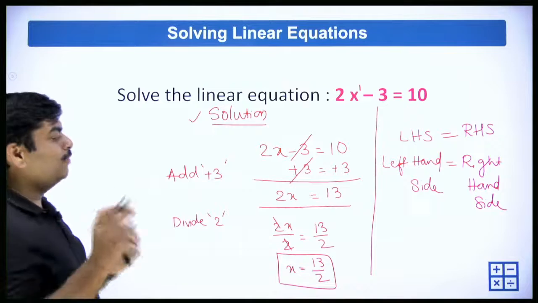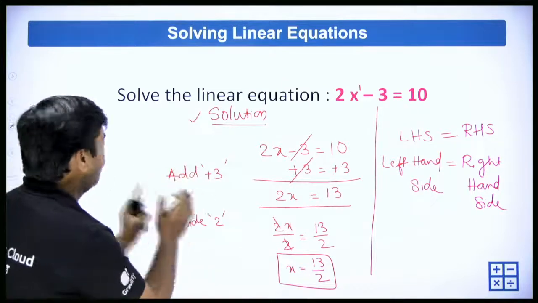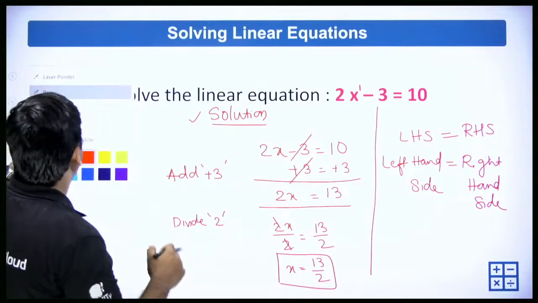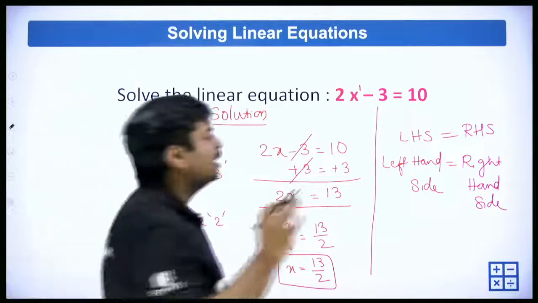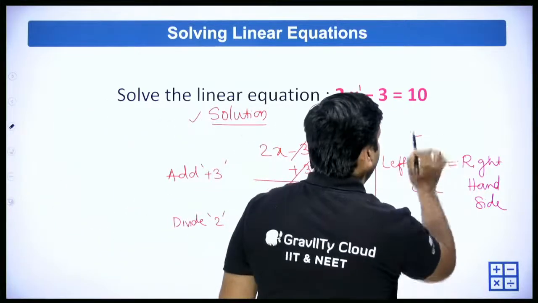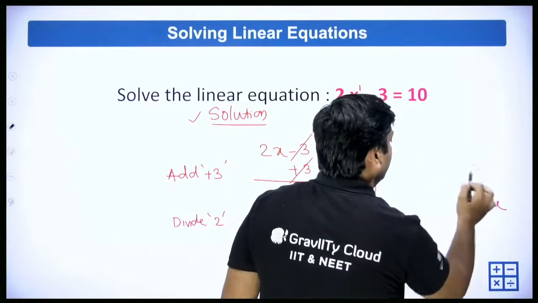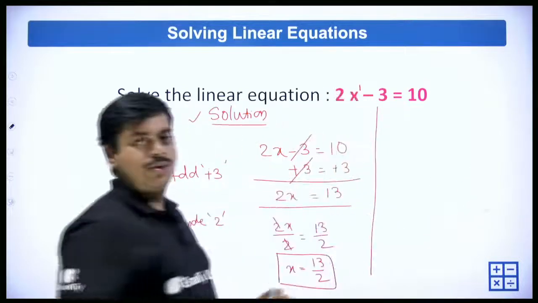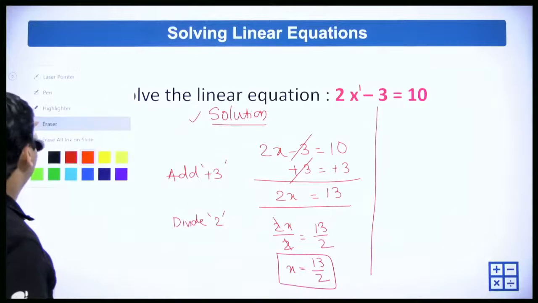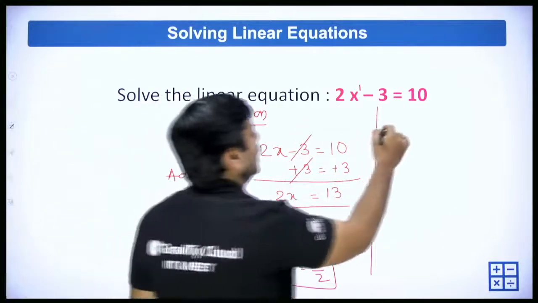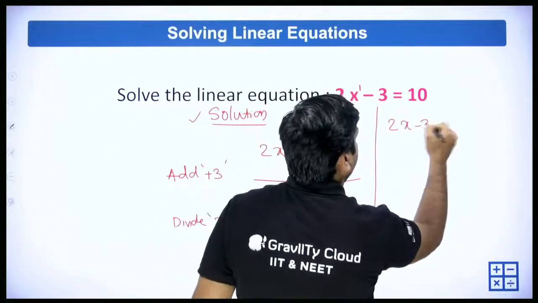Okay, carefully see here, we have added, we have divided, but let us try to see the same thing in a short method. Instead of writing all these always, we'll try to find some simple procedure to solve these type of equations. Okay, so 2x minus 3 is equal to 10.